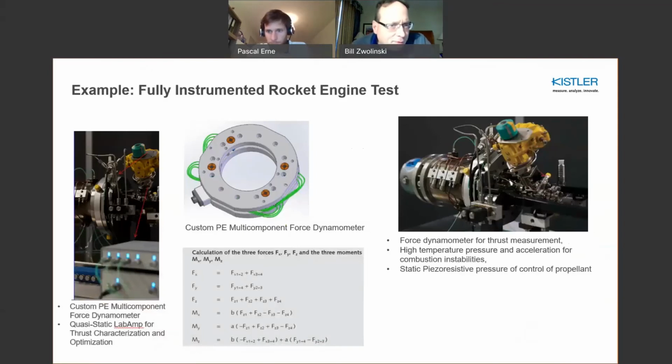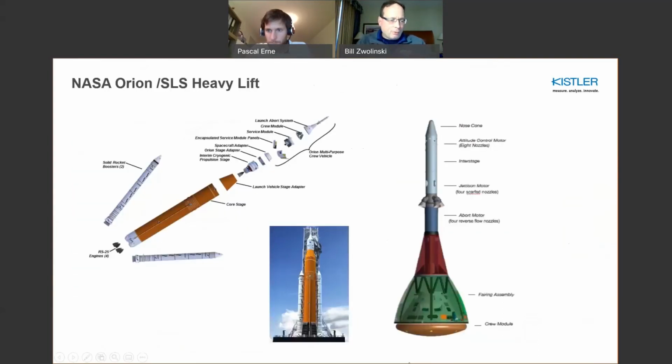Just a quick example of a custom dynamometer being used for a rocket engine test. And in this case here, there are also piezoresistive sensors as well as high temperature piezoelectric sensors measuring the combustion process. And certainly in this type of design, you can use these closed form expressions again to derive your 6 components, force and torque. One example I wanted to show quickly was really just refer to the NASA Orion project and SLS heavy lift.